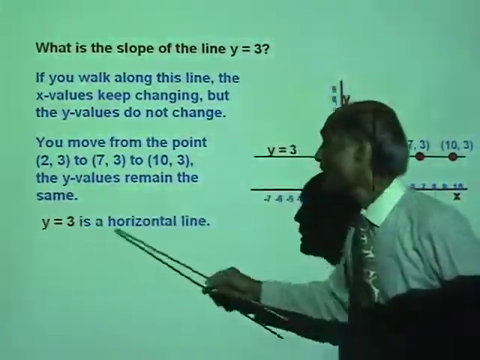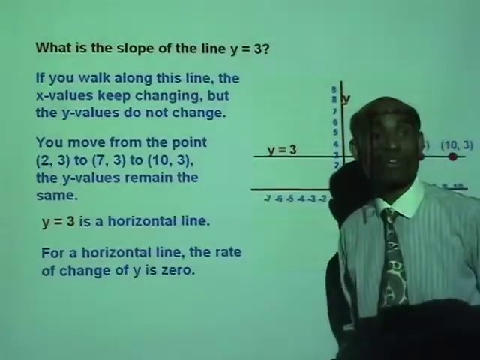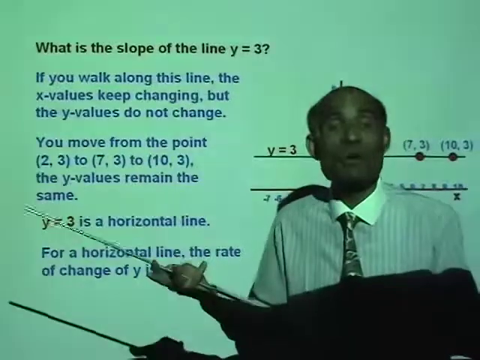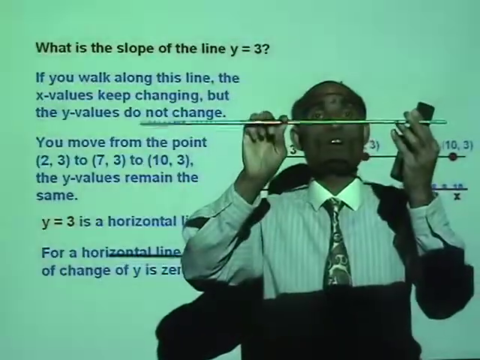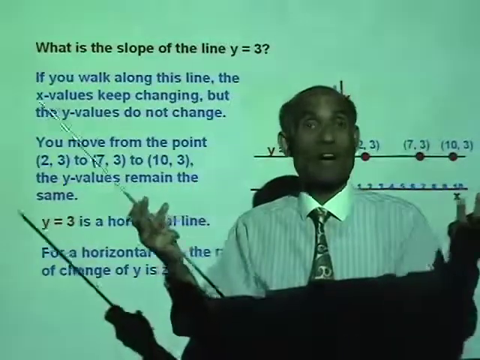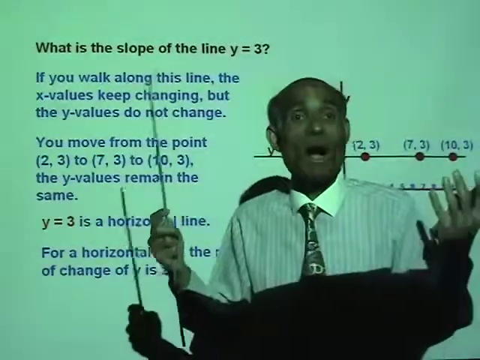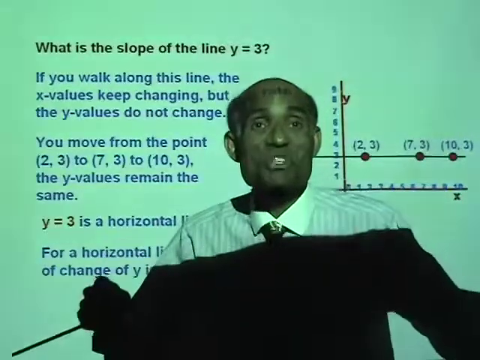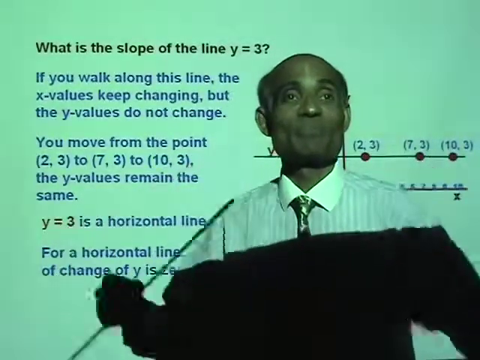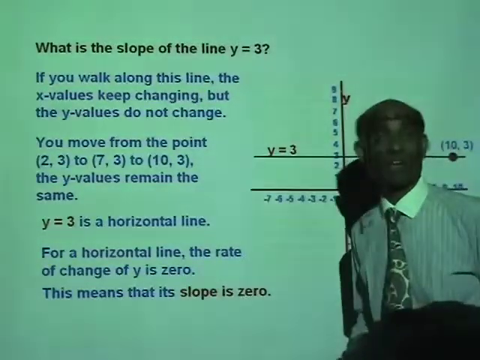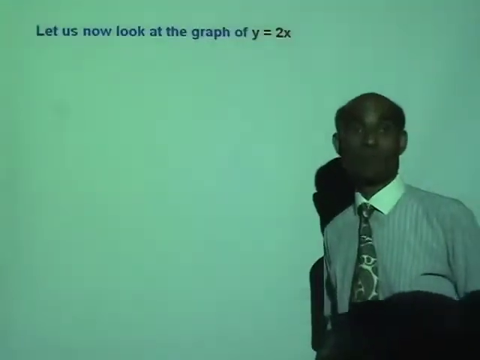Okay, y equal to 3 is a horizontal line and its slope equal to 0. What is the slope of a horizontal line? The slope of a horizontal line is 0. Why? Because it does not represent a change in the output. Alright, the slope of a horizontal line is 0.